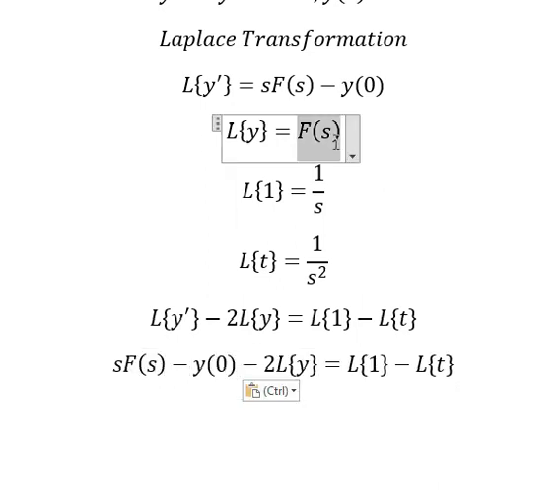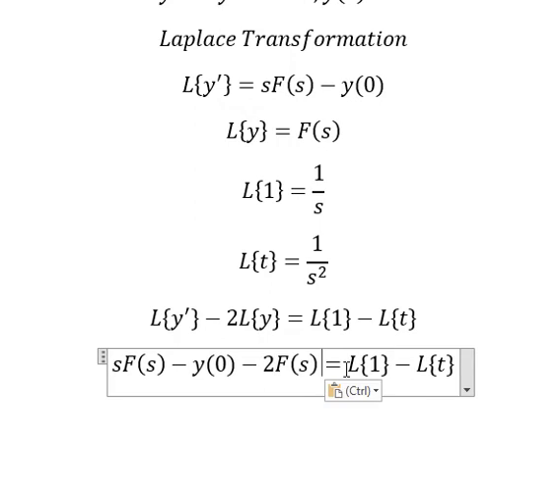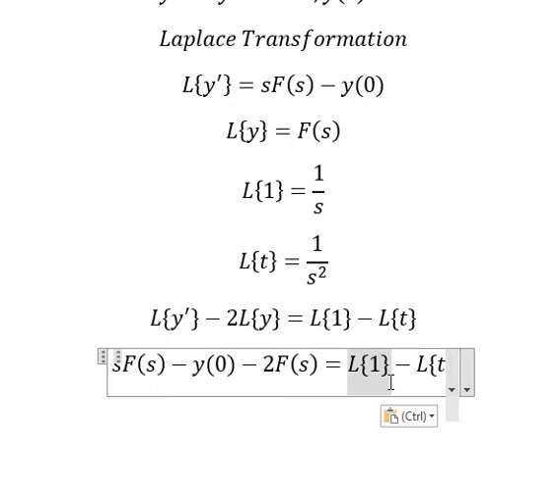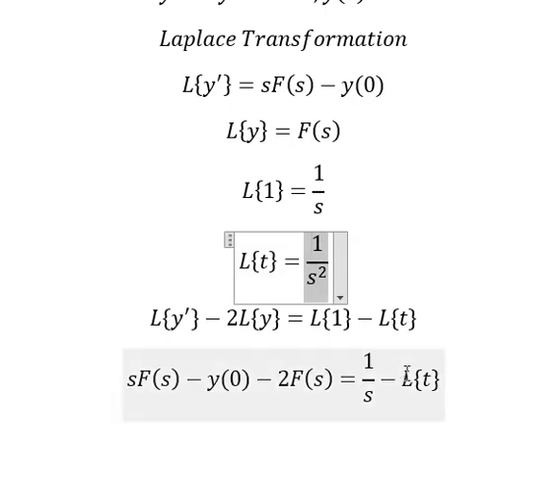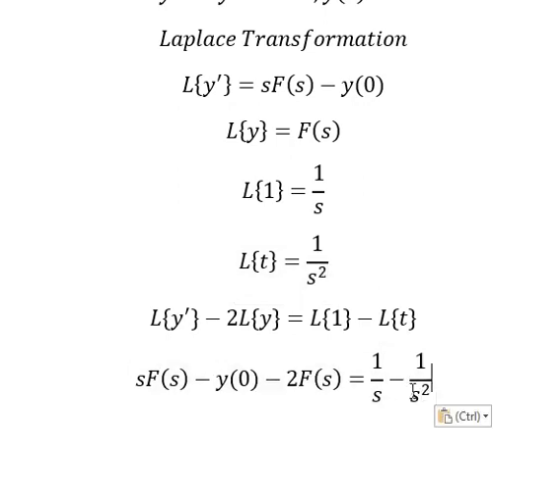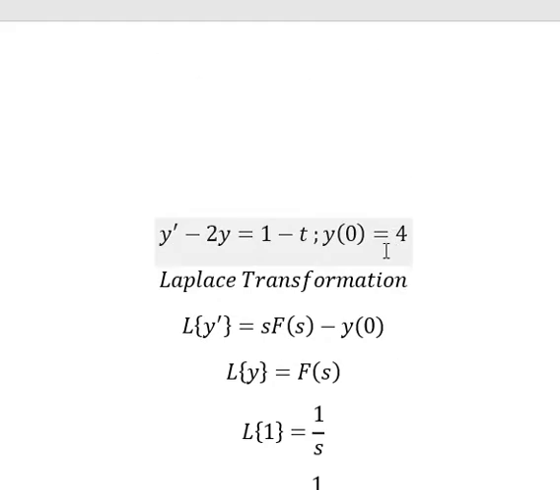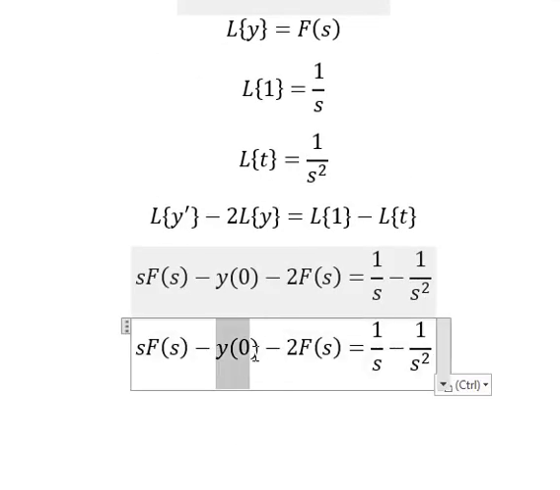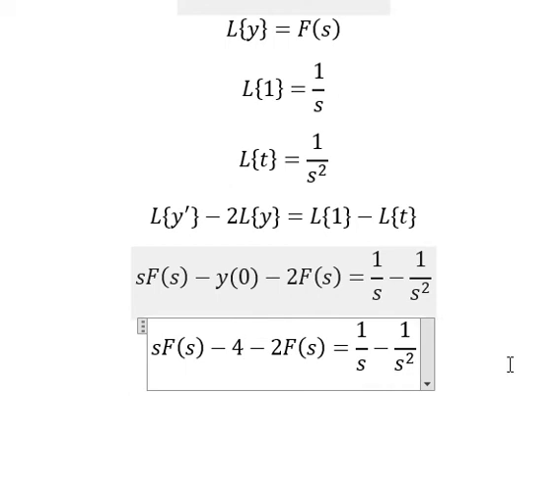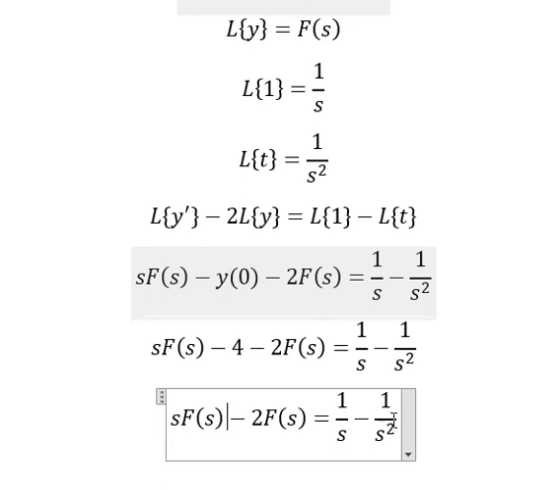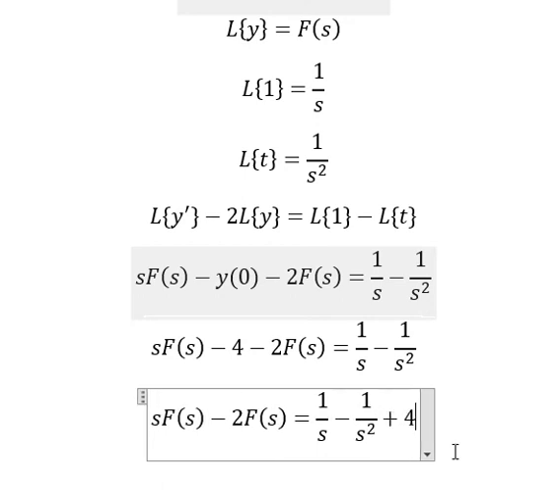This one, that is about this one. This one, that is about this one. And this one go in here. The next one, y0, we have number 4. So we put number 4 in here. Now, I will put negative number 4 go to the right, and we have positive number 4.